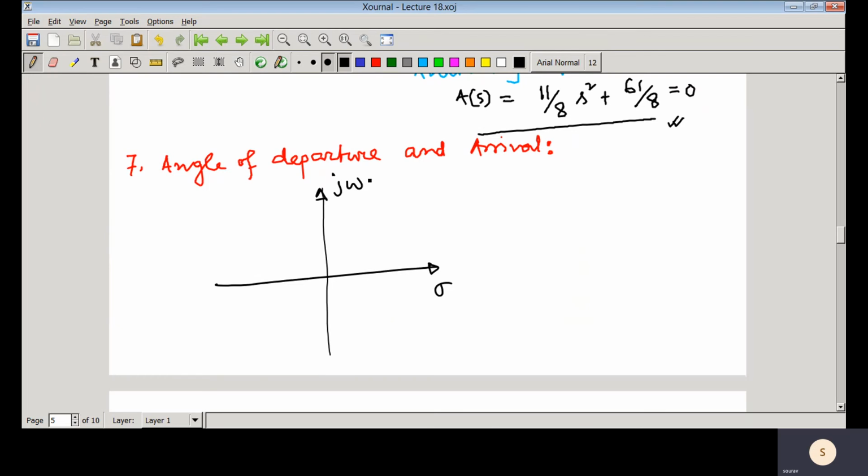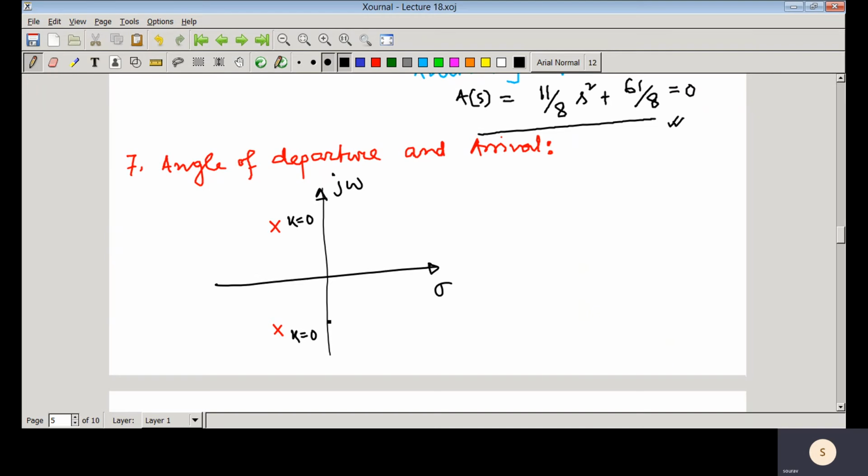What is that? Suppose you have one pole here and one pole here. They are complex conjugate. We know that when k equals 0, the root locus starts from that open loop pole.